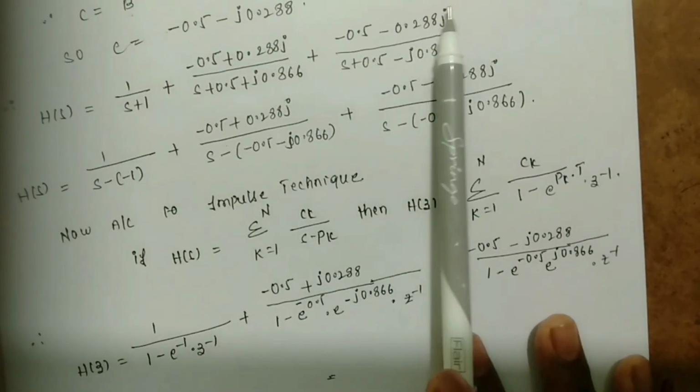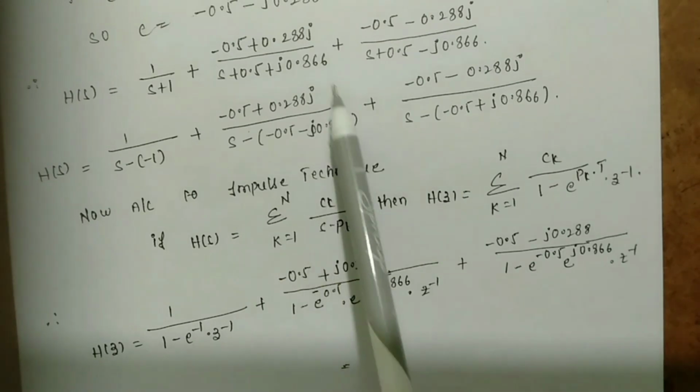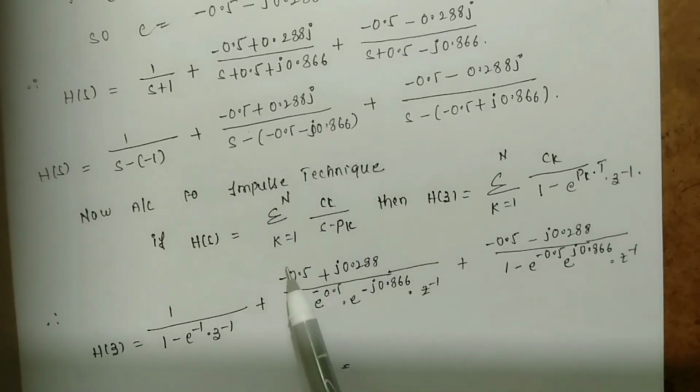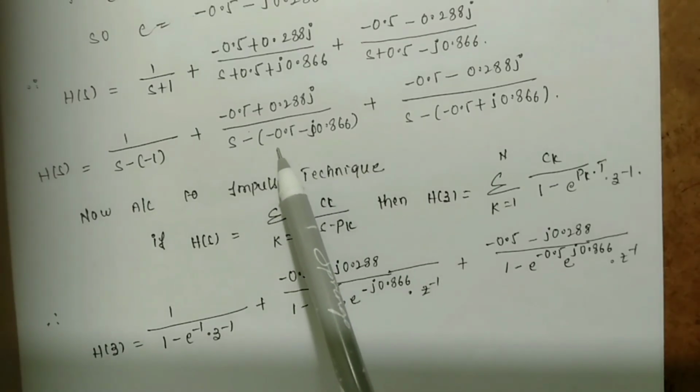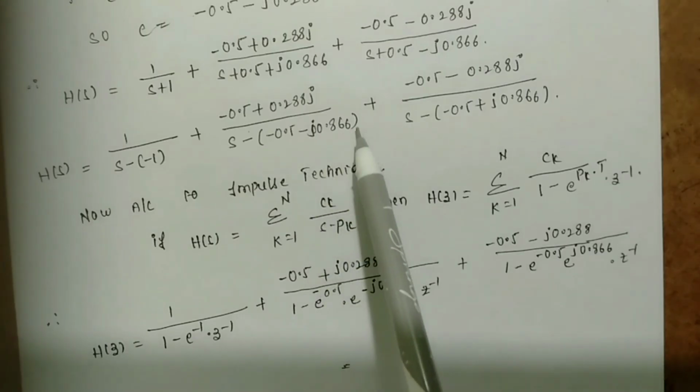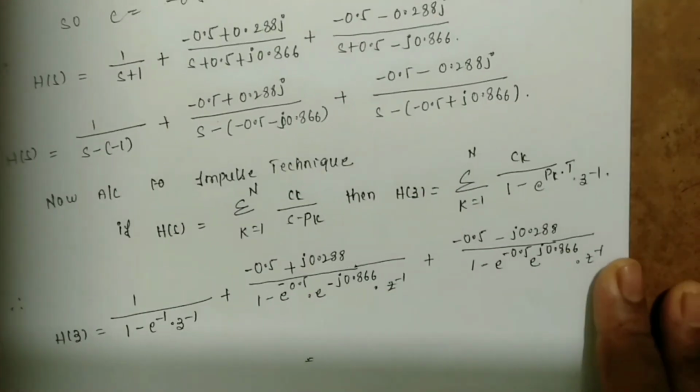So according to that, I am representing this as 1 by 1 minus e power minus 1 into z power minus 1, plus this, where ck is a constant, minus 0.5 plus j into 0.288, whole divided by 1 minus e power of the pole, that is minus 0.5 minus j into 0.866. Same here also.